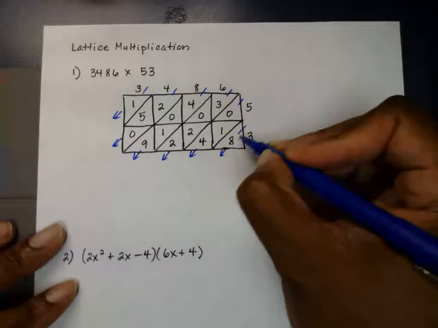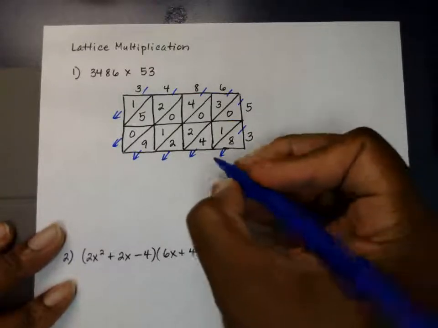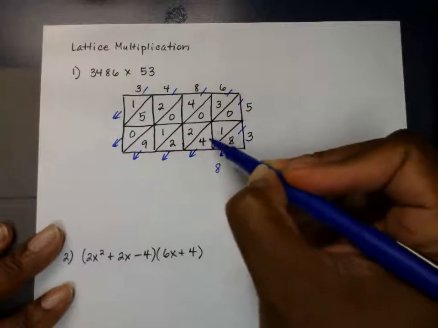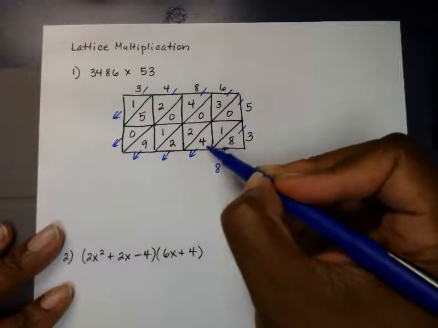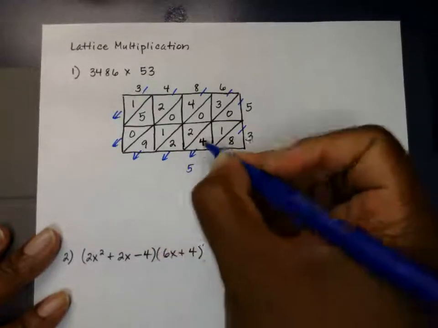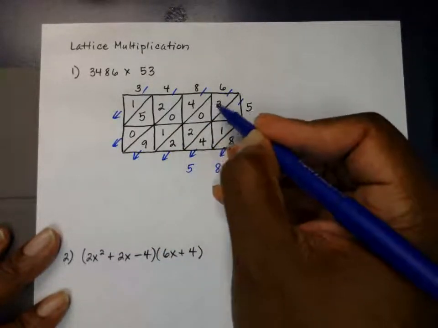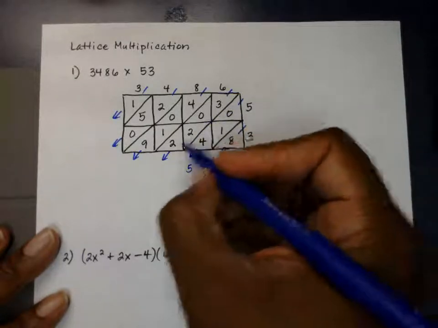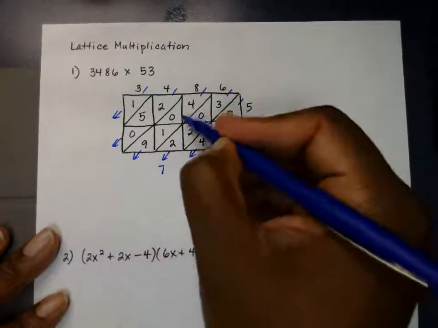Now, along this diagonal, I have nothing to add to the 8, so I'll bring down the 8. Along this diagonal that you see here, I have 0, 1, and 4. Add that together, you'll get 5. Along this diagonal, I have 3, 0, 2, and 2. Add those together, you'll get 7.